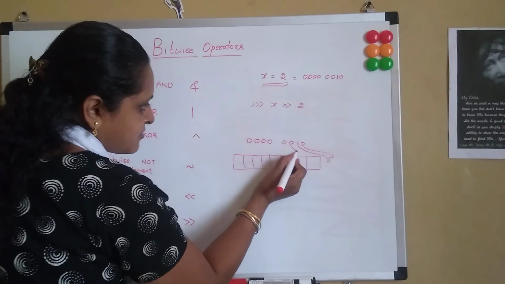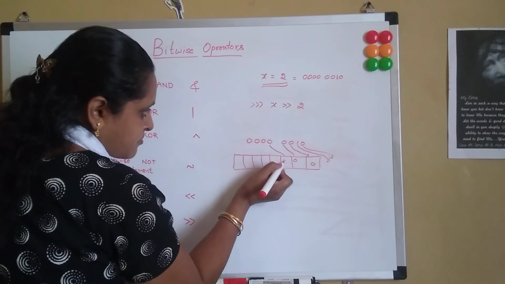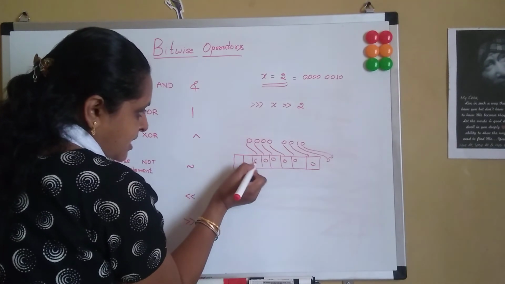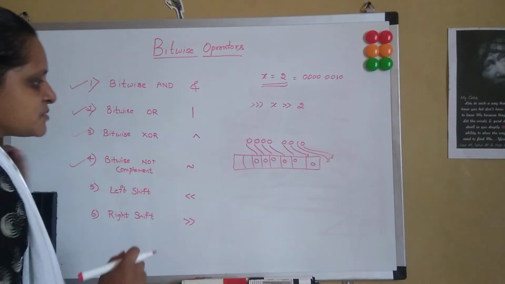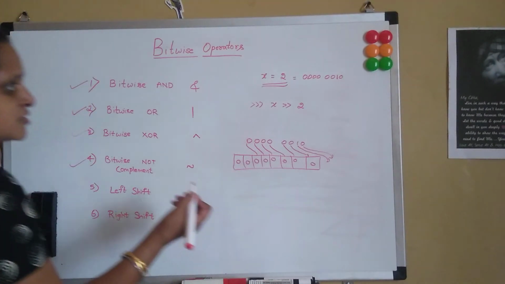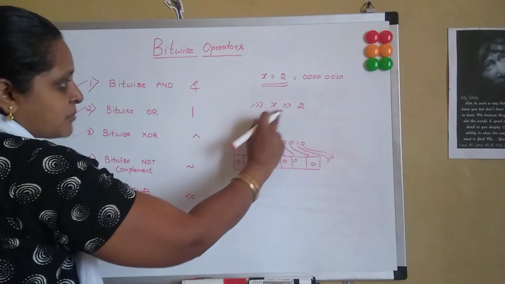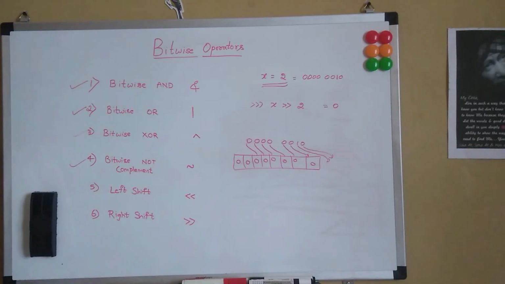And this bit will occupy this position. And last 2 bits, since we have moved 2 bits out, we have empty spaces in the last 2 bits to which we have to add 0. So right shift of x, which is having a value 2, by 2 bits is equal to 0. So this is how left shift and right shift works in Python.